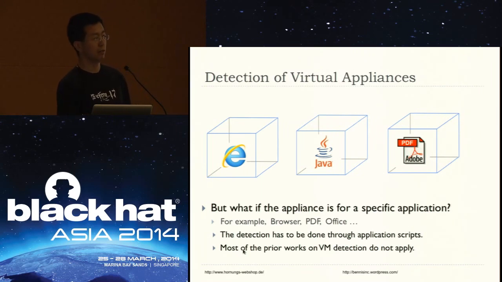This is certainly a simplified case. In practice, most virtual appliances are probably going to run a set of applications. Like if you want to do malware analysis, maybe you have a virtual appliance tailored to run both IE and look at PDF, maybe some Office documents. But for simplicity of discussion, I just assume you only run one application, okay?